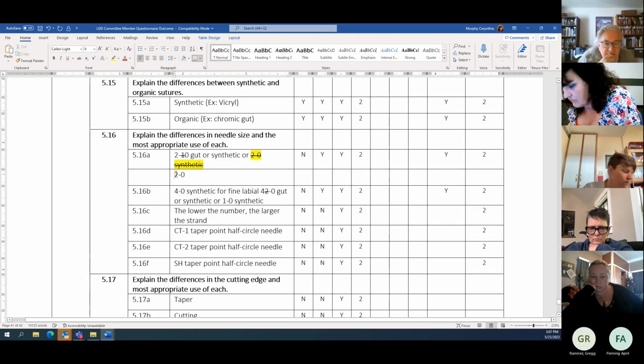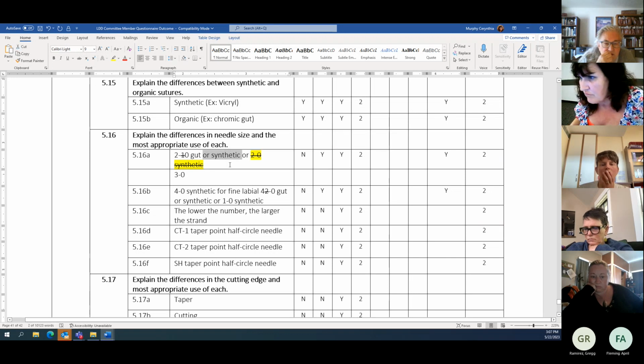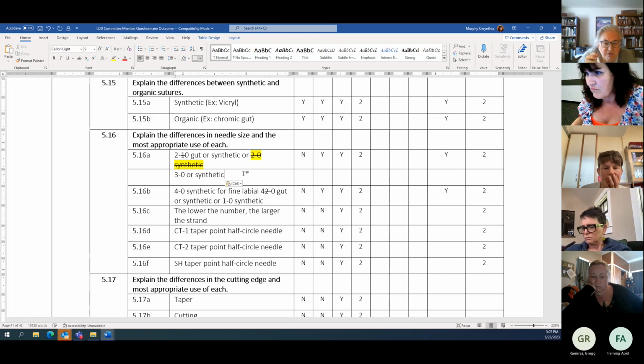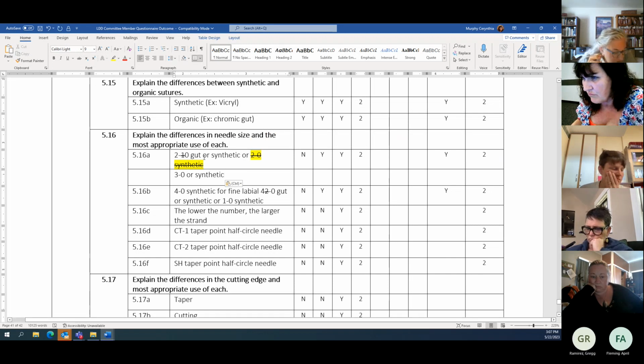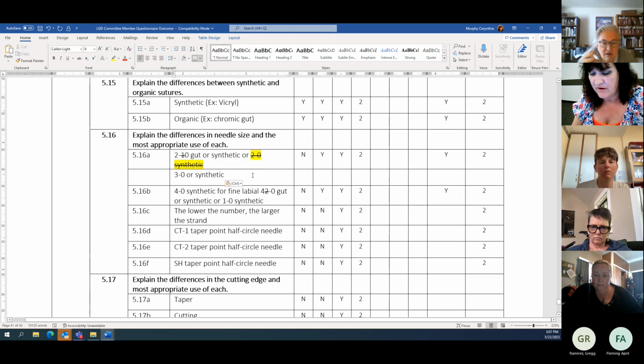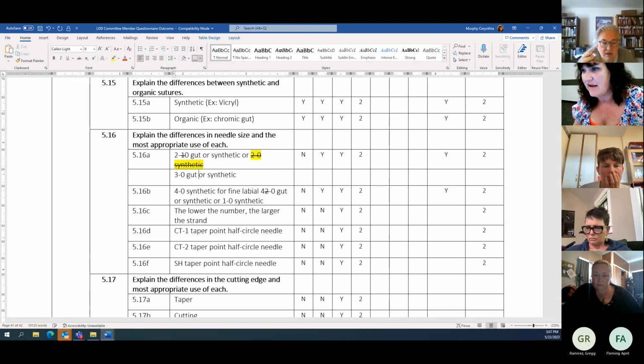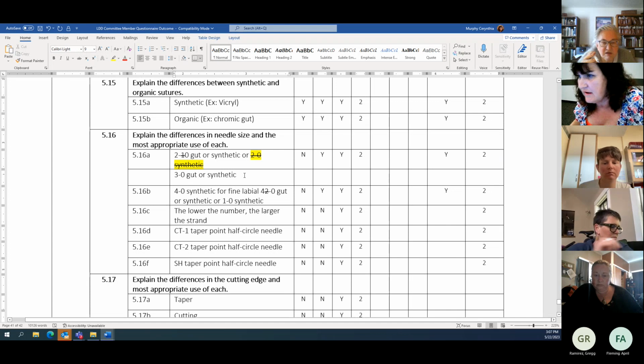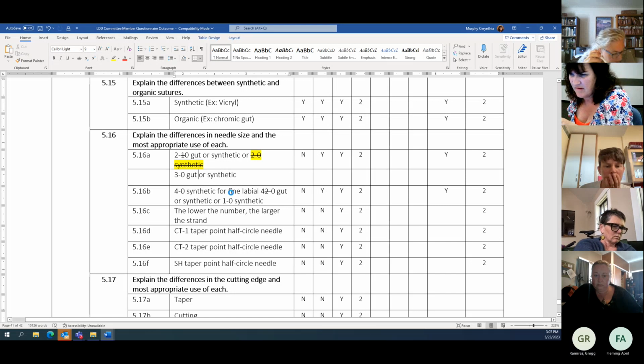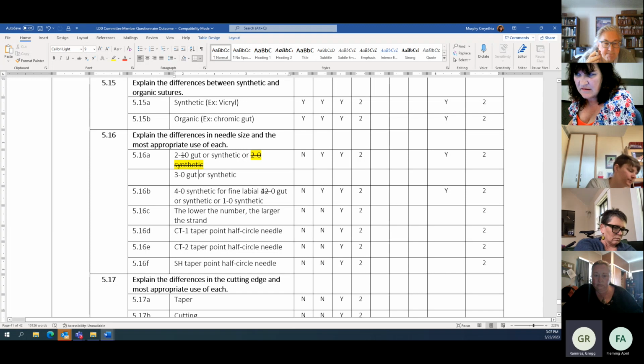We don't really recommend gut for fine labial repairs. So 4.0 for that, and 3.0 is for most vaginal, perineal, most genital repairs. Is 3.0 for gut and synthetic? Gut or synthetic, for most genital repairs. And then what should 5.16 read? Should it be the 2.0 on that?